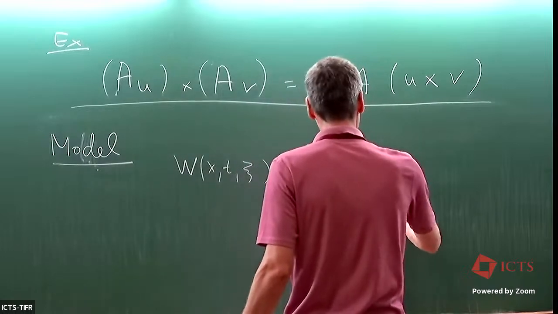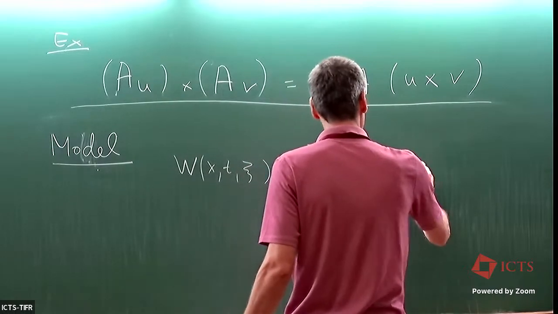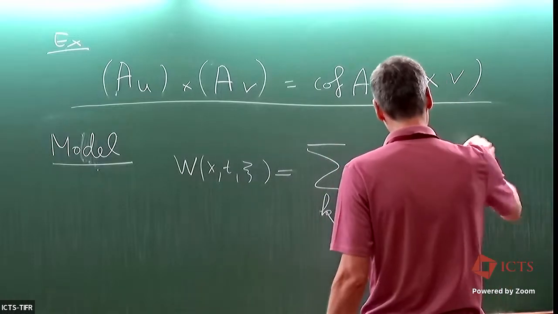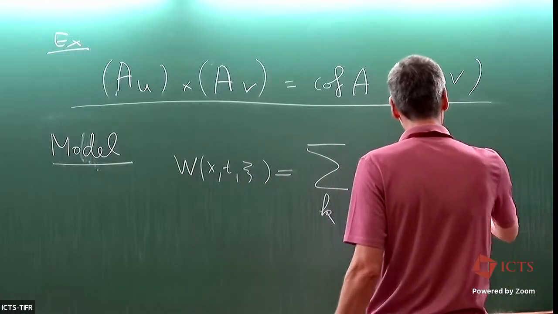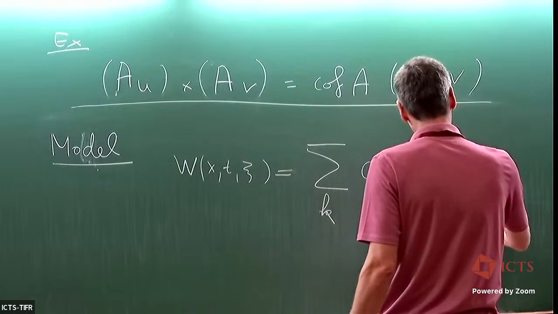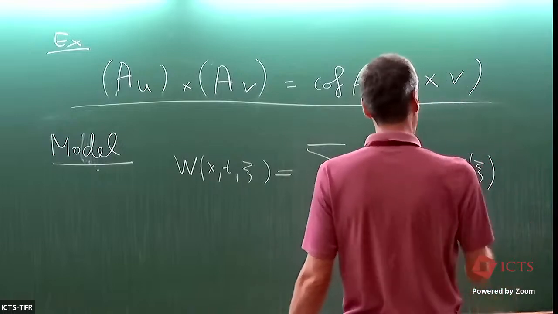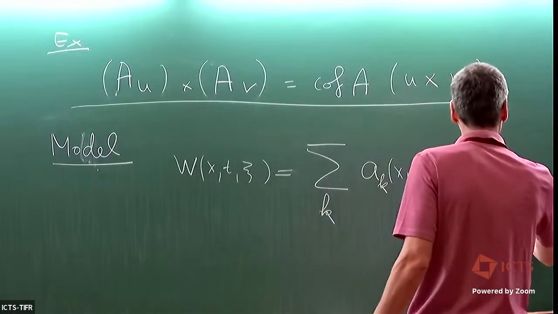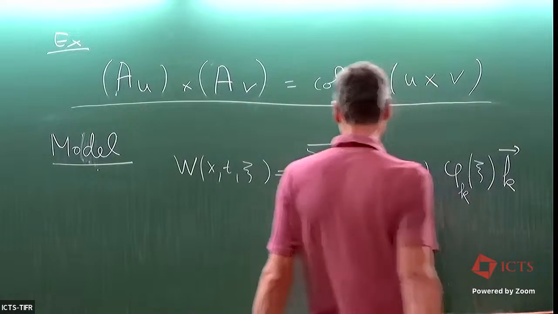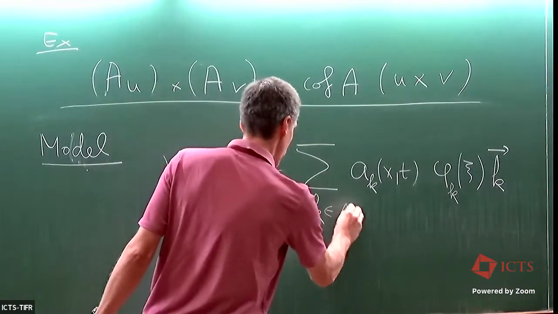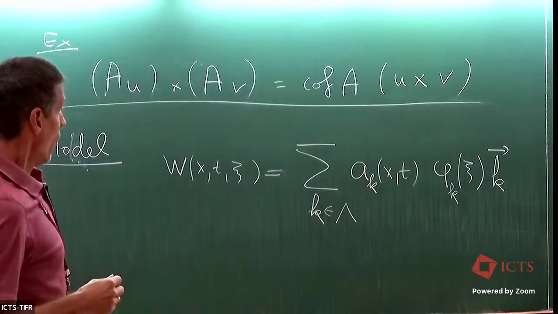So there's some a_k of x, t times what Hyunju called this capital W, but these are essentially functions supported on disjoint pipes, in the direction of k, so this is a sum over a finite number of vectors.